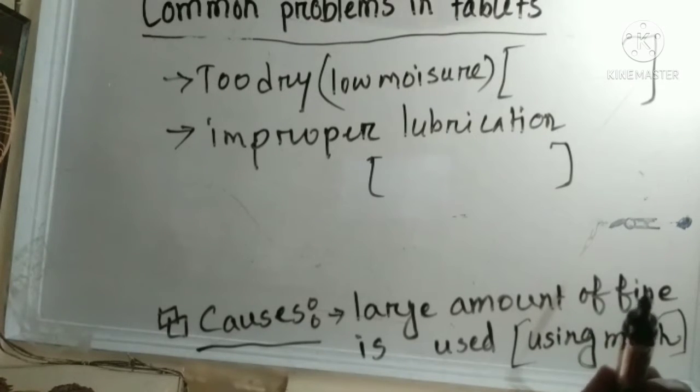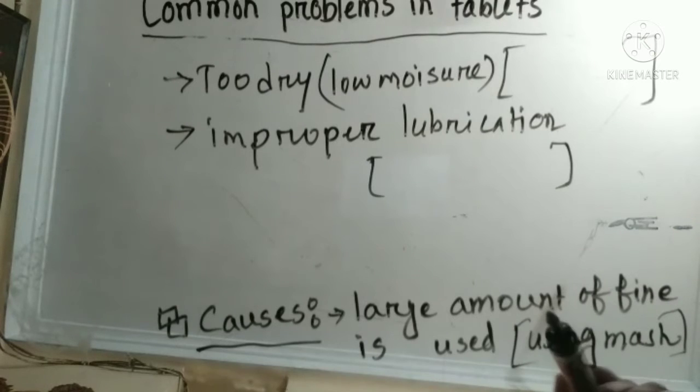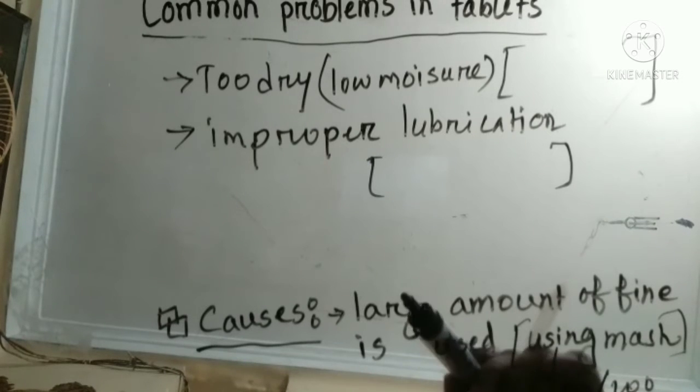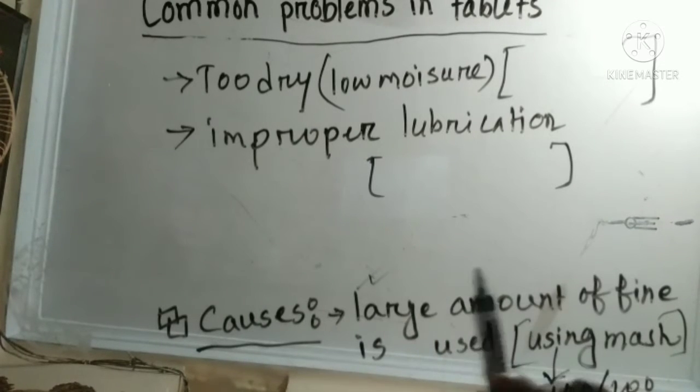The large fine particles can be converted into small fine particles using a mesh of 100 or 200. So this can convert large fine particles to small fine particles. That is the first one.